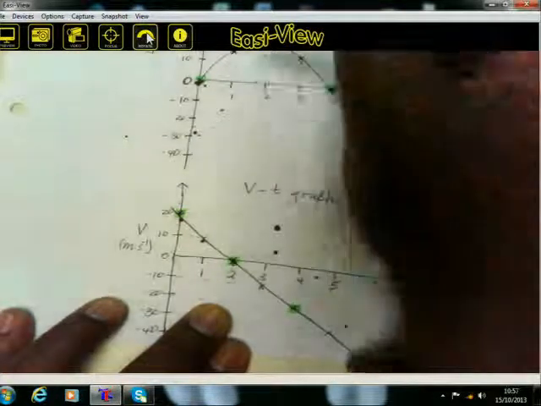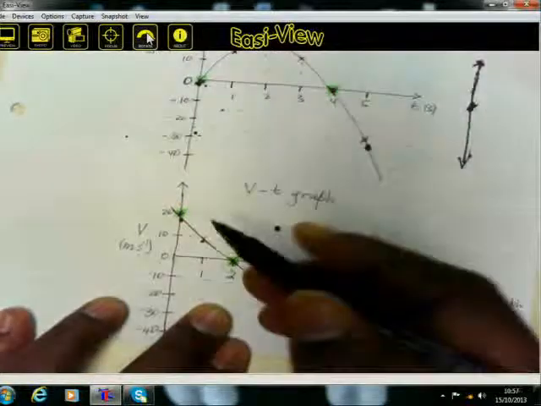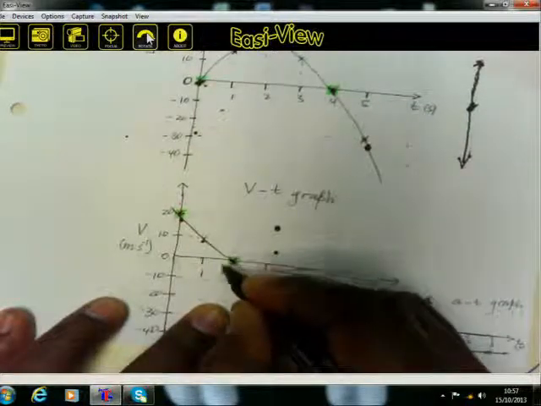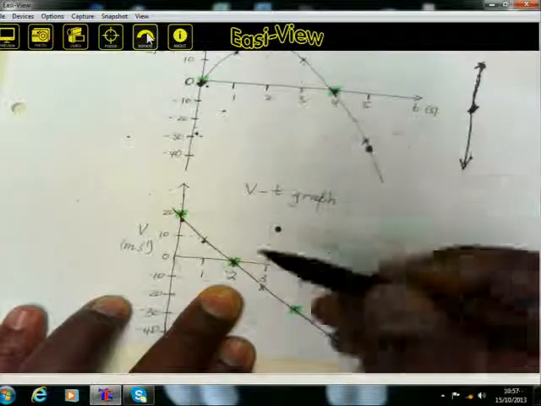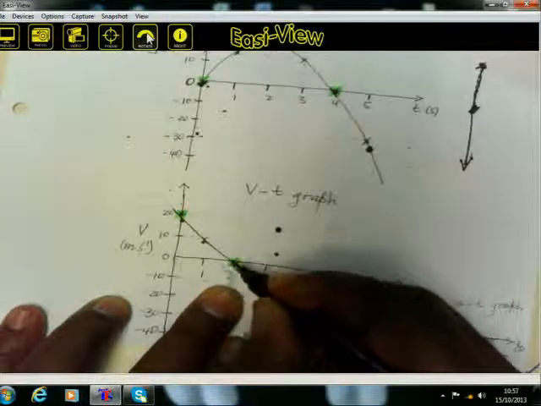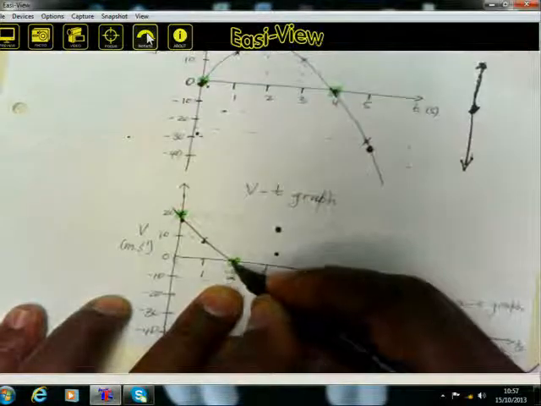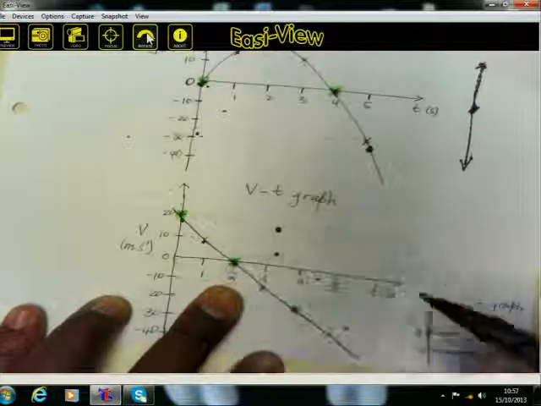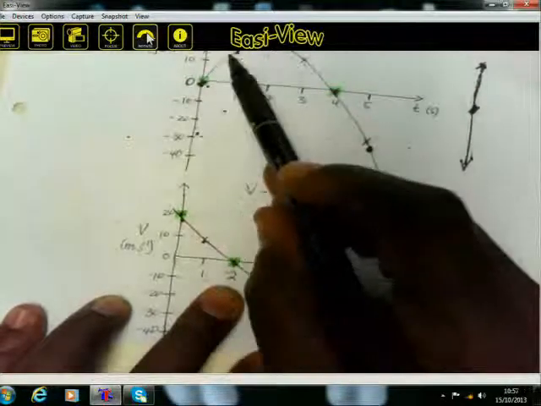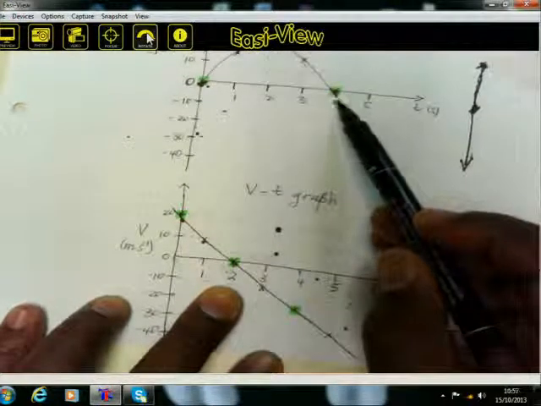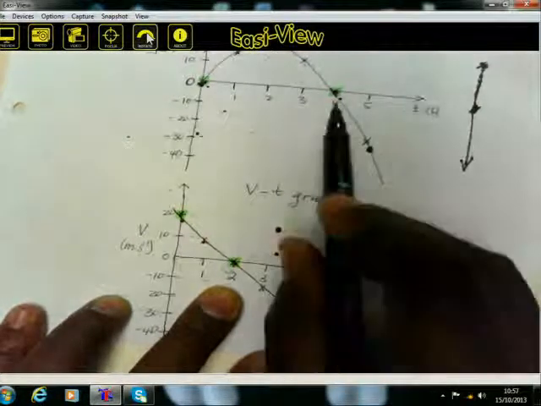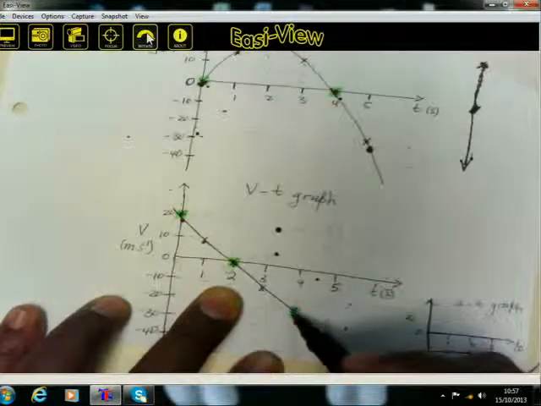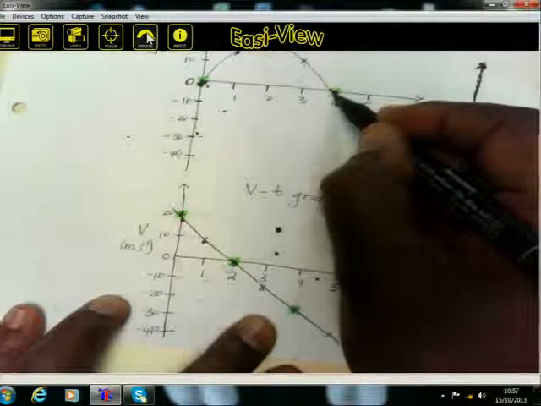What we also see is that at time 2 seconds, when the object is at its maximum height, the velocity at that maximum height is equal to 0. The object goes up according to the position time graph, and then it comes back to the starting position after 4 seconds. So after 4 seconds, it is back to the starting point.